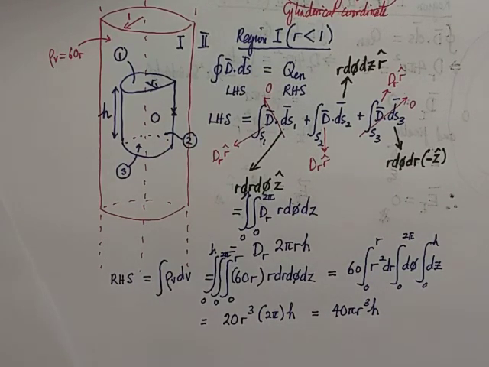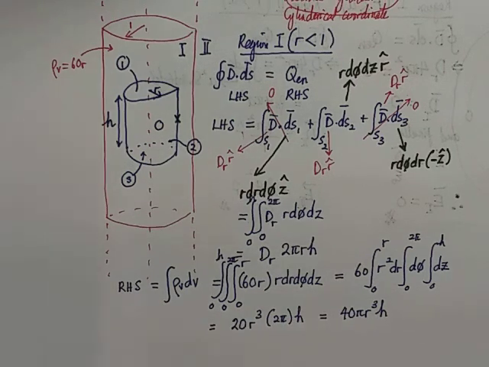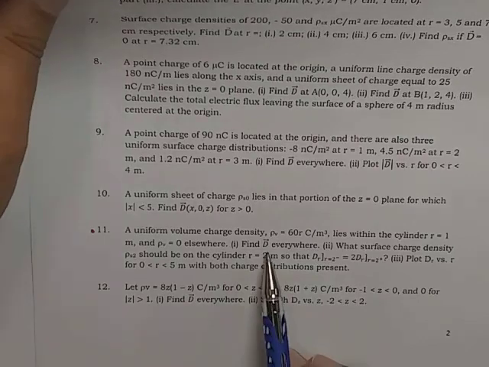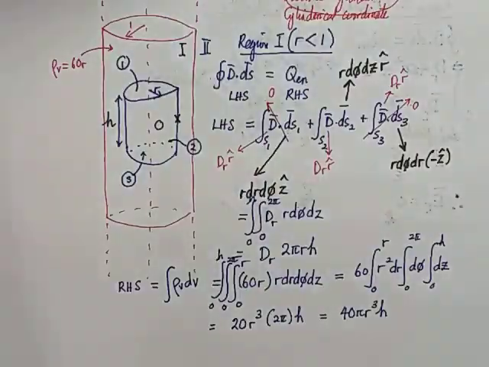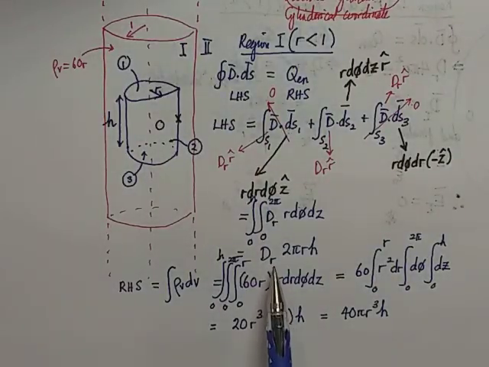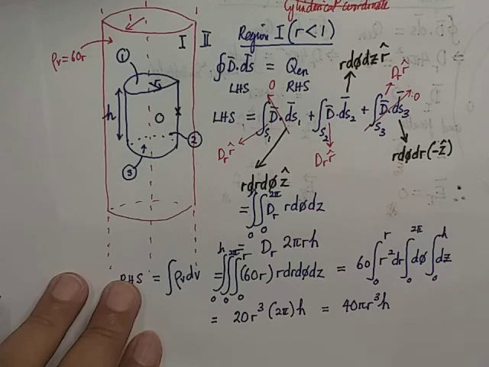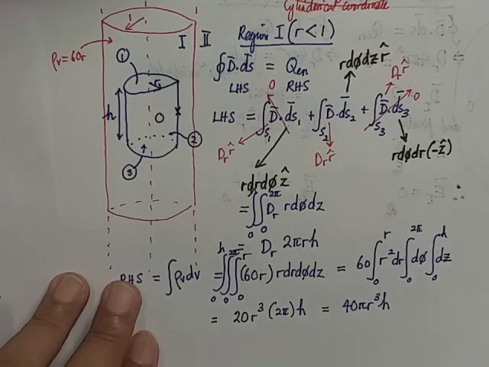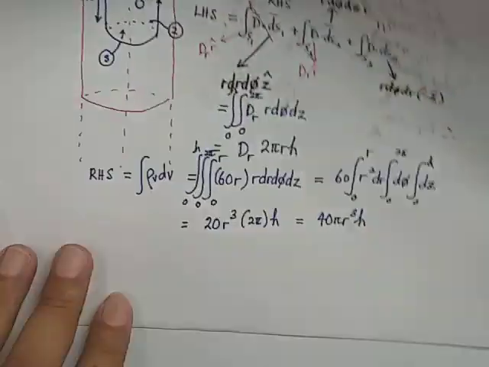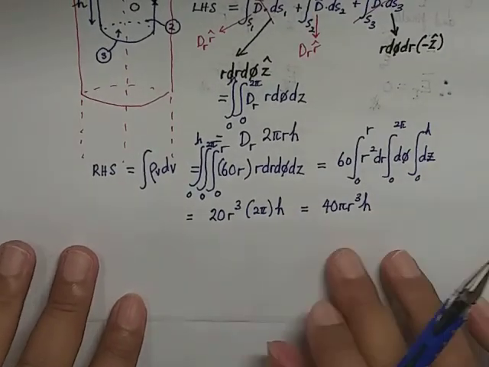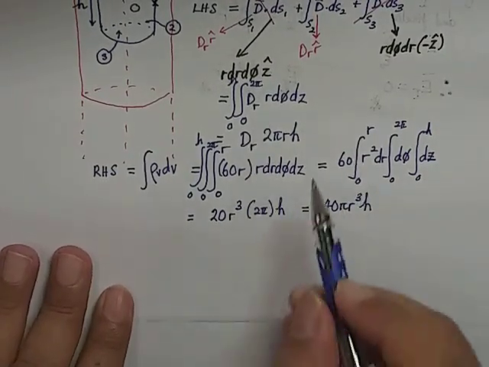So what we actually want to determine is the field. The question asks us to find the electric flux density everywhere. So we want to find the D. What should be the D? Yeah? So we have to equate them, meaning the left-hand side is equal to the right-hand side. The left-hand side is this term.